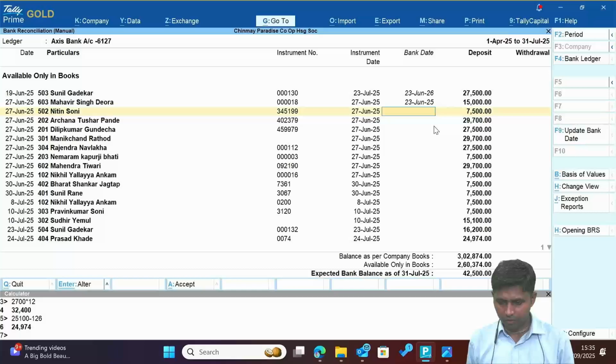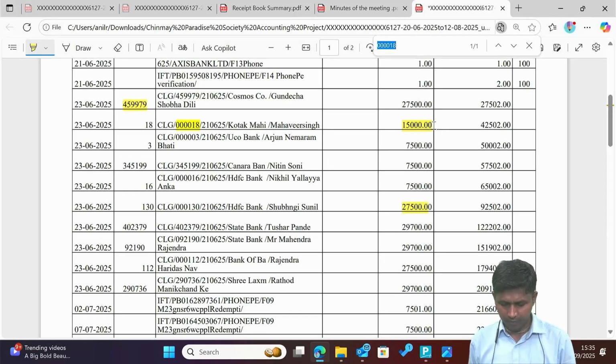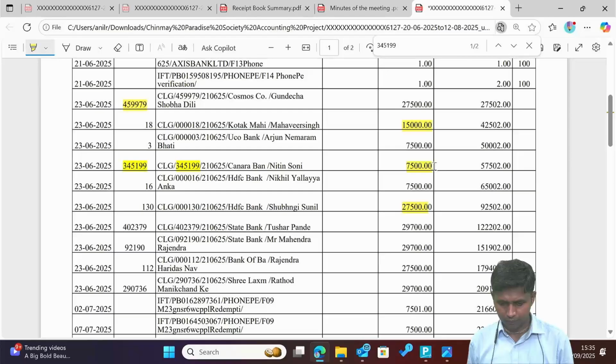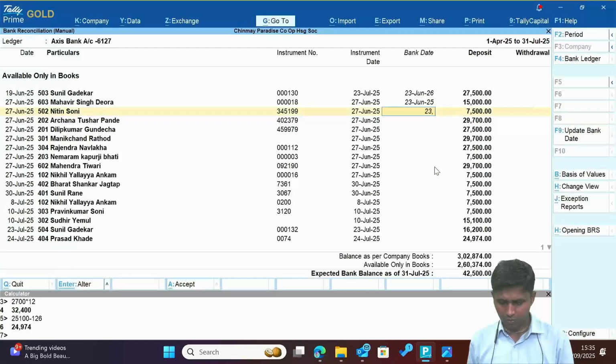Then after this we have next 345199, 7,500, 23rd June.